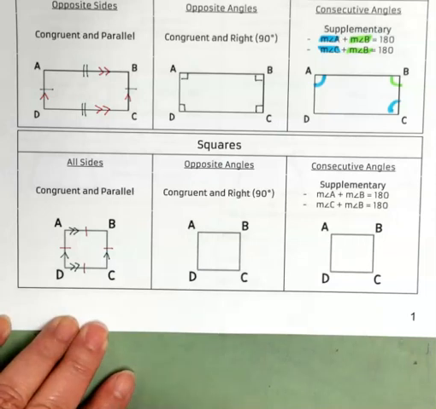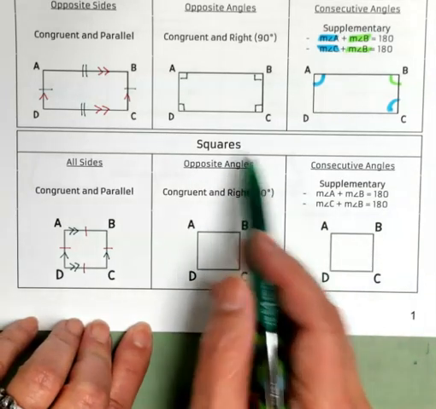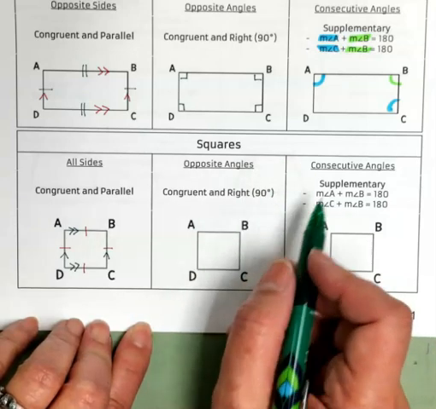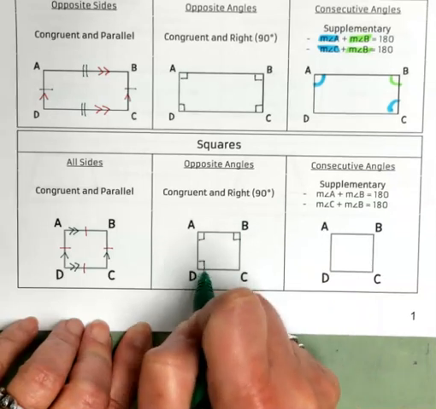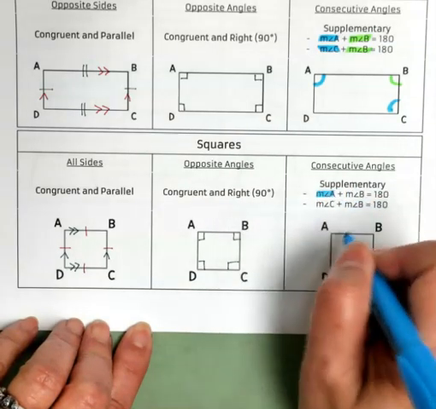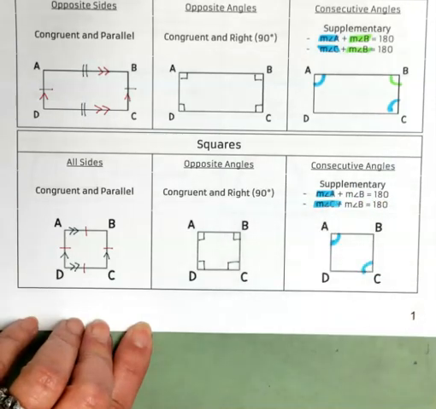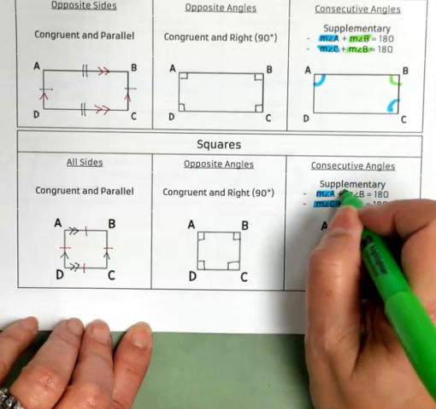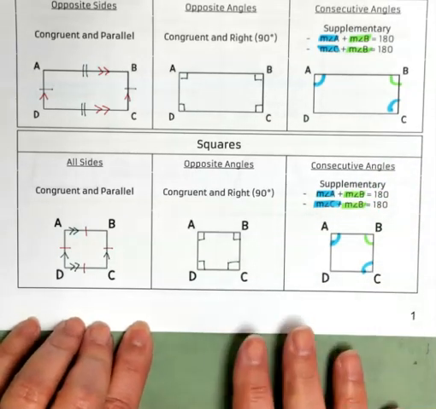Okay, so we're getting down to smaller subgroups. Just like the rectangle, your opposite angles are congruent, and in fact, are right angles. And just like your parallelograms and your rectangles, consecutive angles are supplementary. Okay.